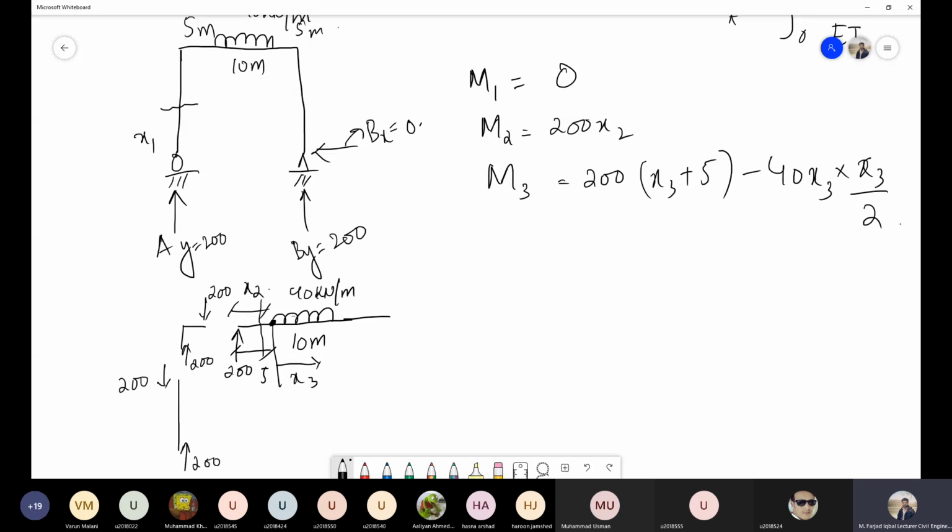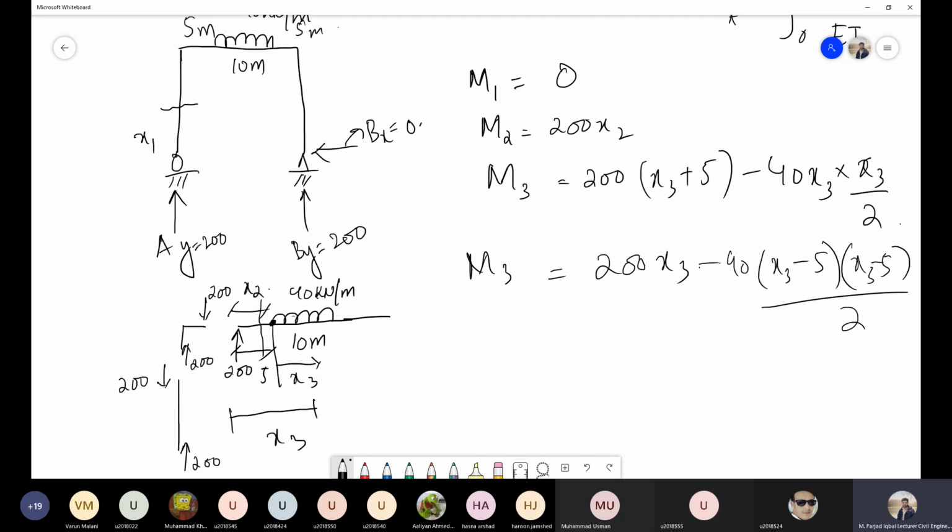Right? And the other way to write the equation for this section would be that I take the distance x3 from the start. In that case, the equation will be 200 into x3, and the second one is this moment, so that will be minus 40 into x3 minus 5, into x3 minus 5 by 2.